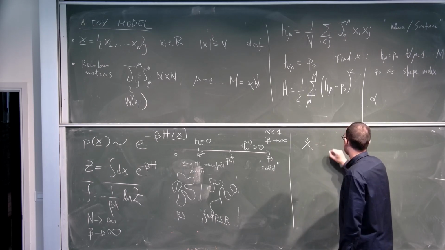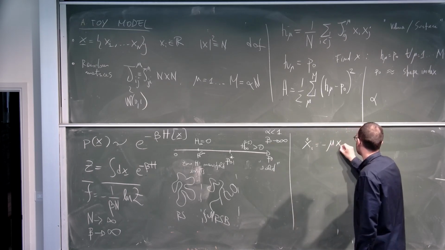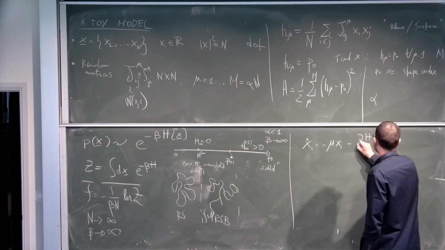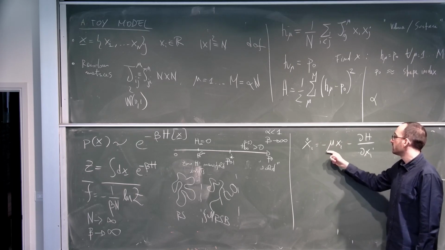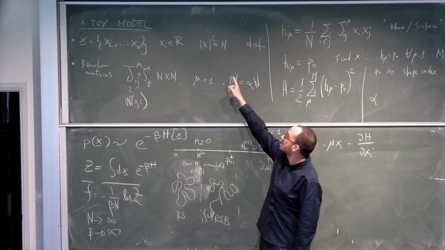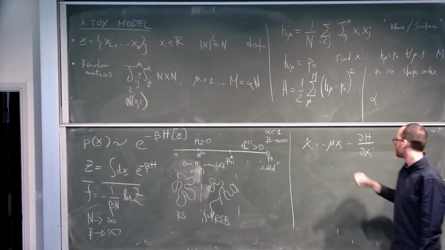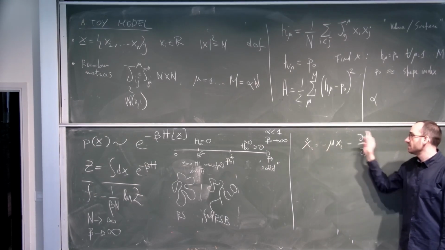Let me just write this. I just add some Lagrange multiplier in such a way that I can fix the spherical constraint. And this can be studied in the large N limit.